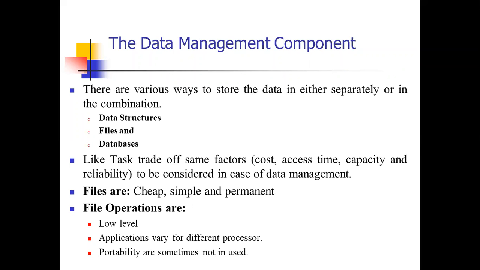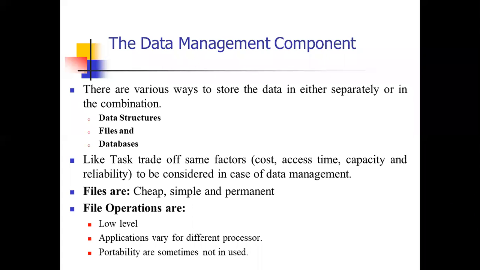Cost, access time, capacity and reliability are the trade-offs to be considered in data management. In task management, we considered the hardware-software trade-off, with the factors cost and performance. For data management, we consider cost, access time, capacity and reliability.